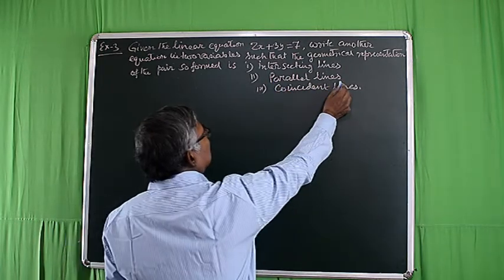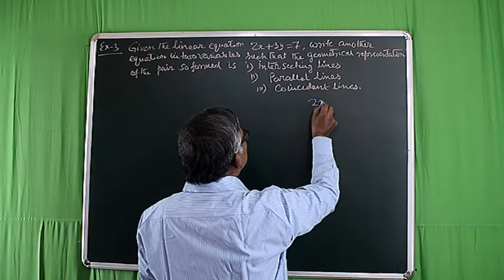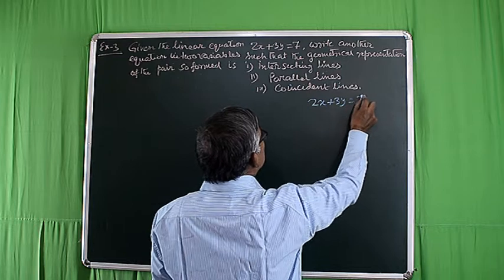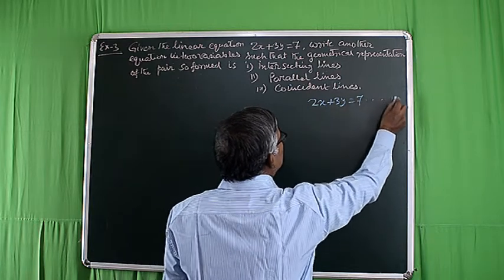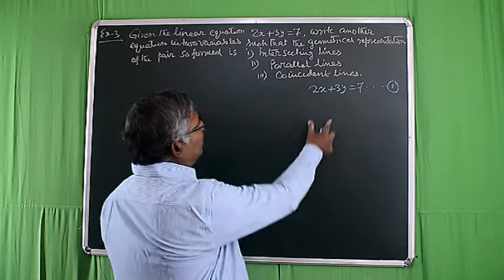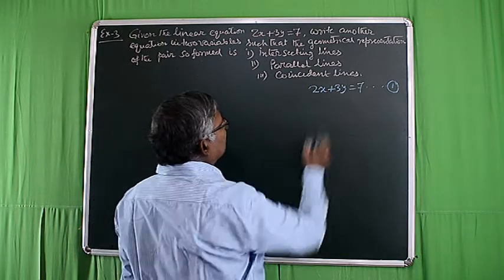Students, here given one equation 2x plus 3y equal to 7. Suppose it is equation number 1. Now let us construct an equation which is intersecting to 1.